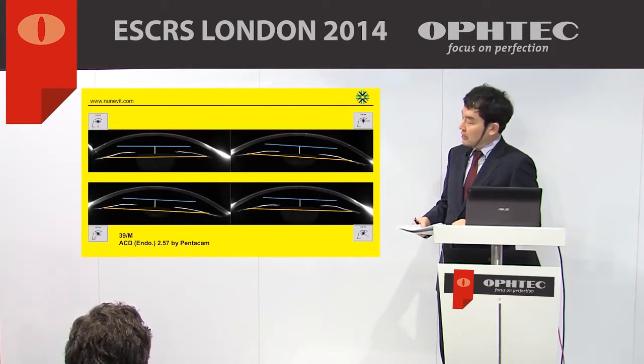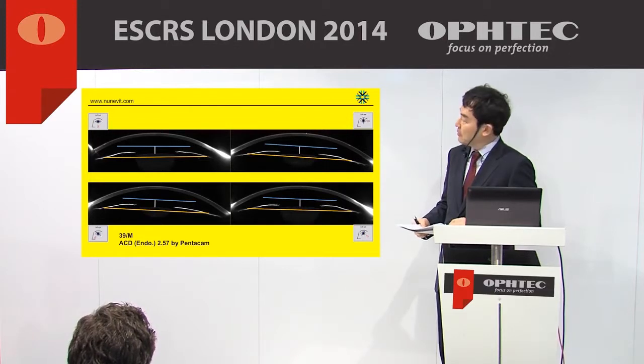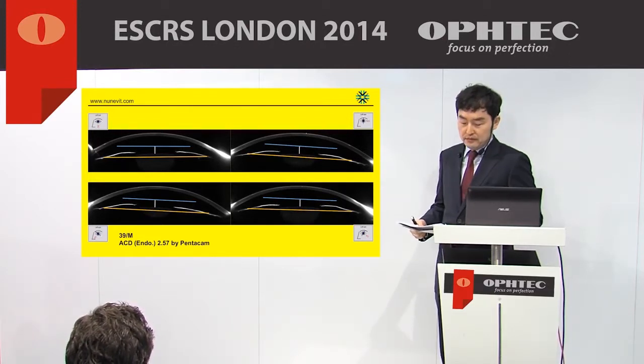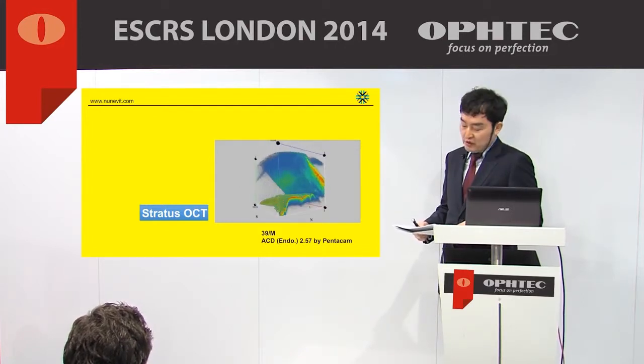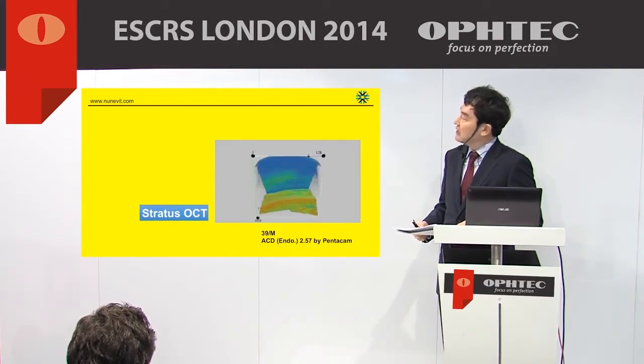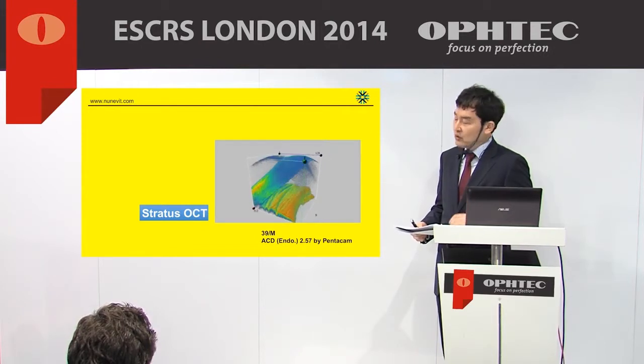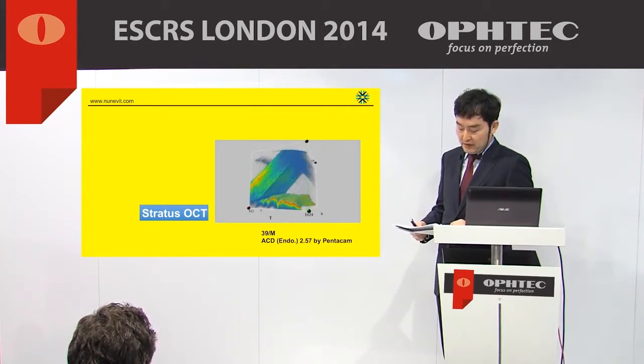Then use Status OCT to measure the anterior chamber angle in that position. The angle can be checked in 3D using Status OCT, then incline the Arti-Lens in that direction.